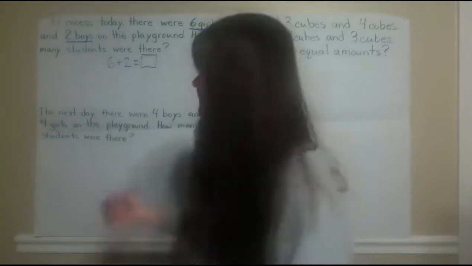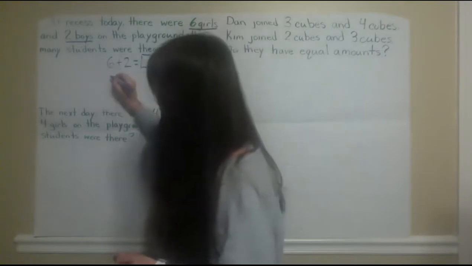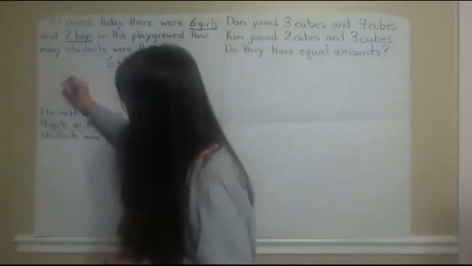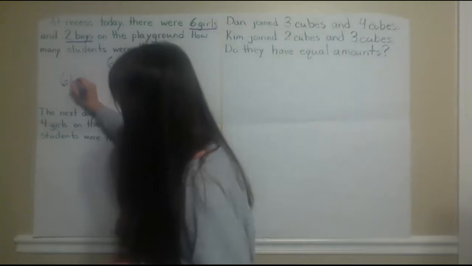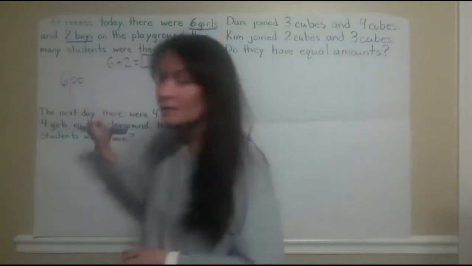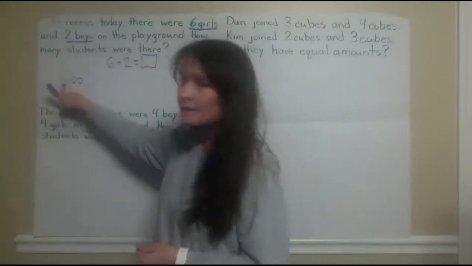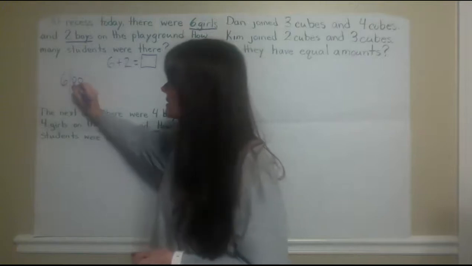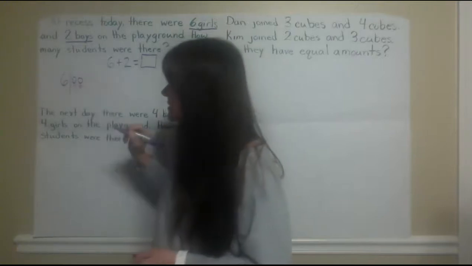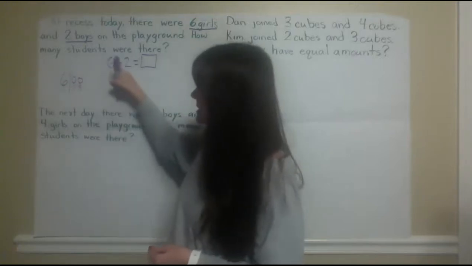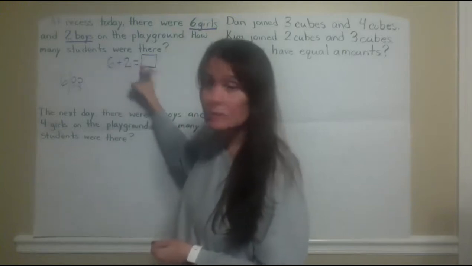Wonderful thinking. I could use my counting on strategy. 6, draw 2 more, and count on. 6, 7, 8. So I know that 6 plus 2 equals 8.